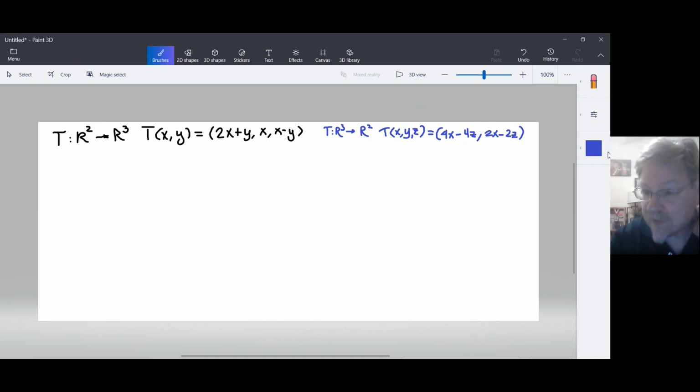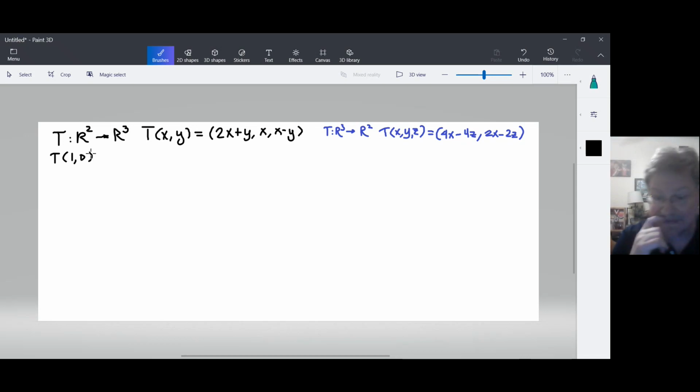So the first thing we want to do is get the standard matrix for the transformation. How we can do that, the by-the-definition way, is to find out where the basis elements get mapped.